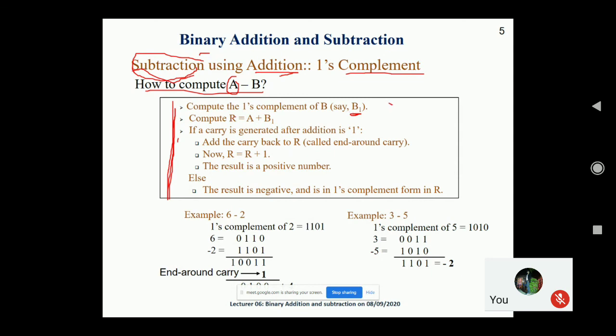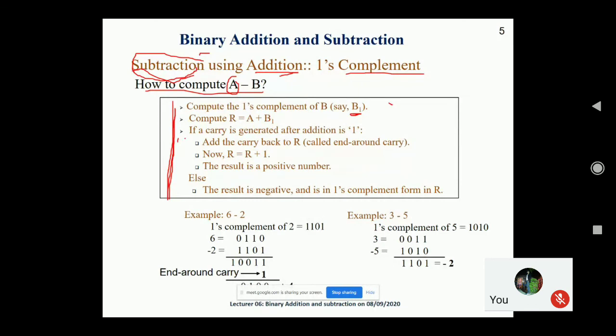Now, I'm considering this particular variable R; you can consider any variable x, y, z, whatever. R equal to a plus b1. When we are computing R equal to a plus b1 and the result is coming, there are two parts.